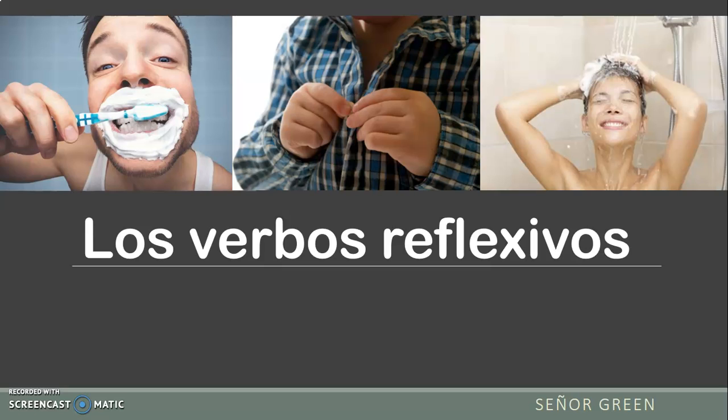Well, let's see if you guessed it. All of these persons are doing an action to themselves. The man is brushing his teeth. The woman is dressing herself. And the other woman is showering herself. So let's get right into the topic, los verbos reflexivos.